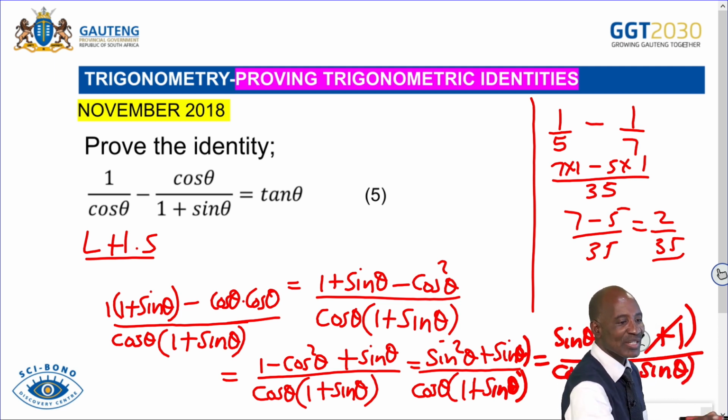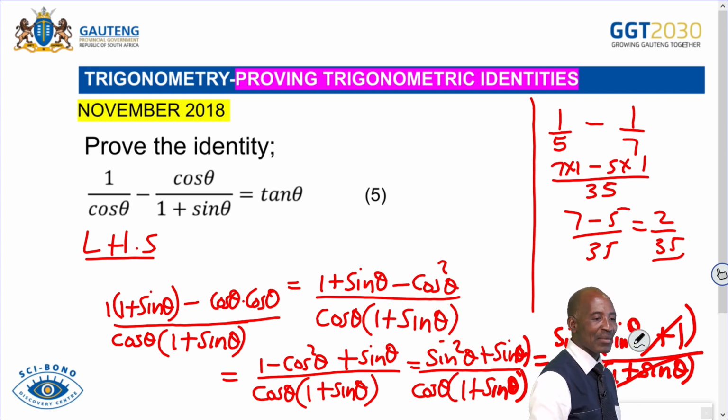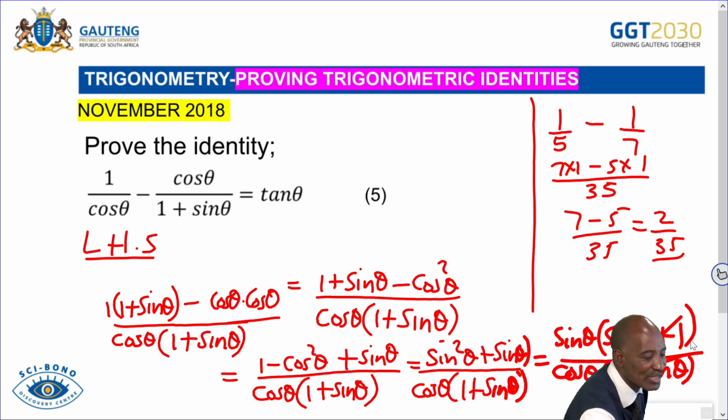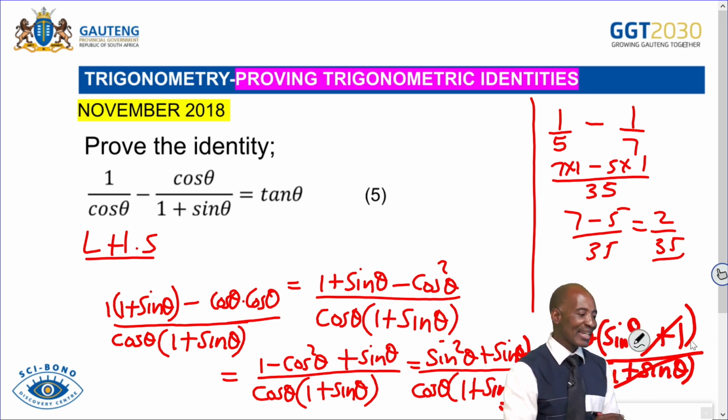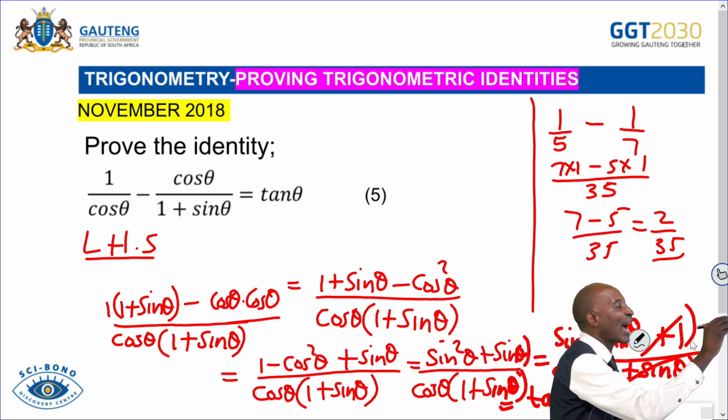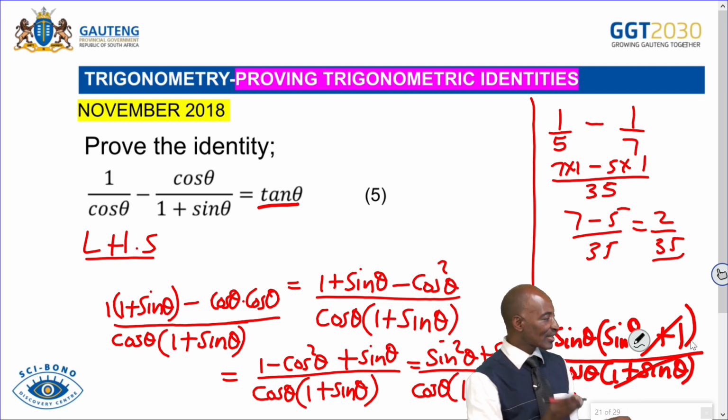Then these will divide and go. They are like terms. What's left is sine theta divided by cos theta, which is your tan theta. Again, we realize that our left-hand side simplifies to tan theta. How did we do it?